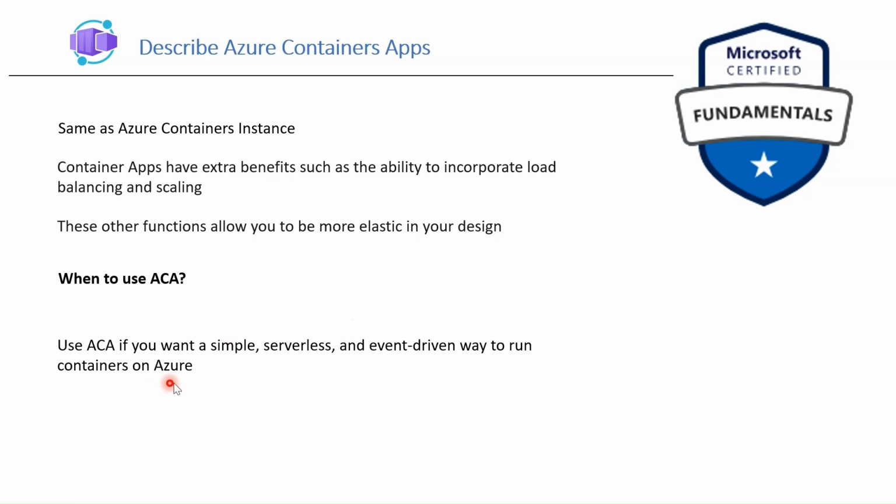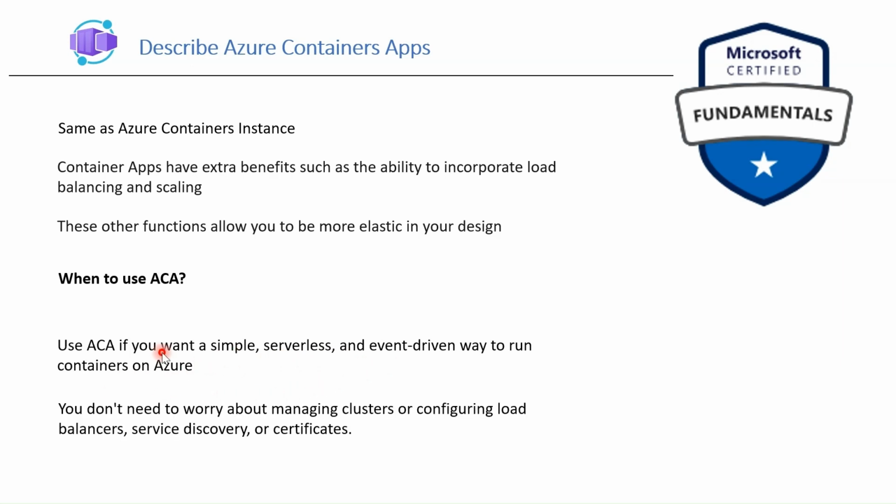Use ACA if you want a simple, serverless and event-driven way to run containers on Azure. You don't need to worry about managing clusters or configuring load balancers, service discovery, or certificates. All these things you don't need to worry about. Azure Container Apps takes care of them for you. All right, so that's Azure Container Apps.